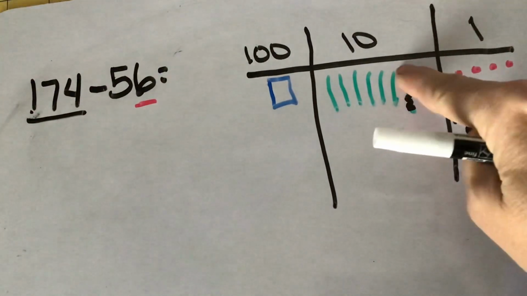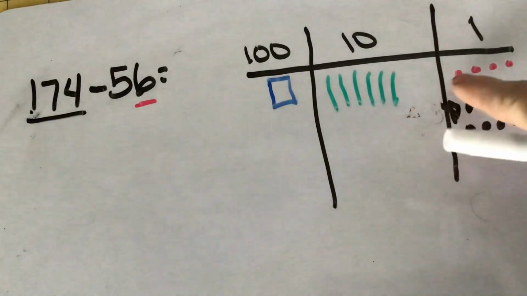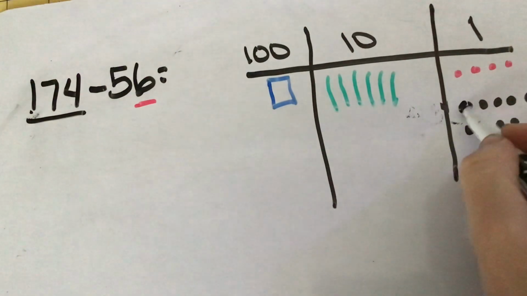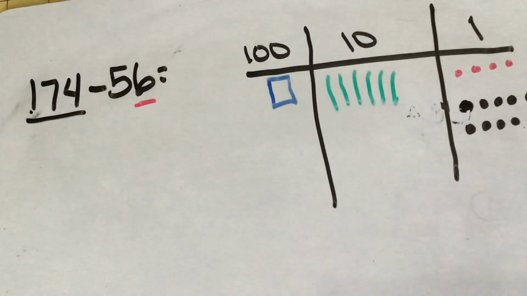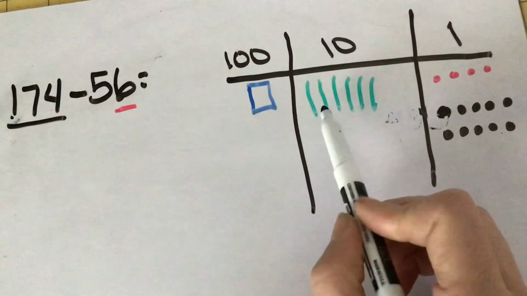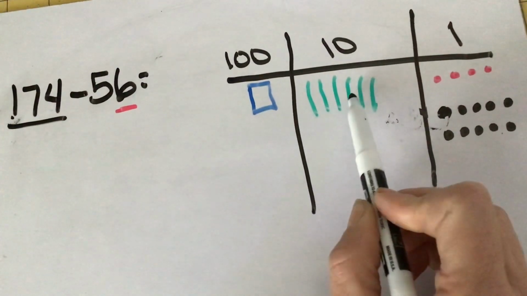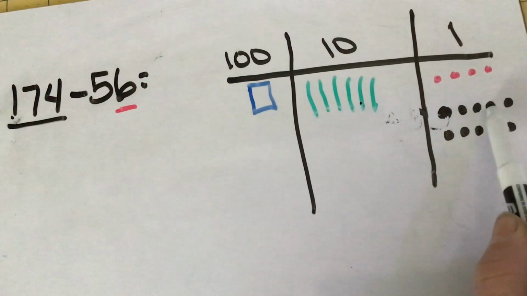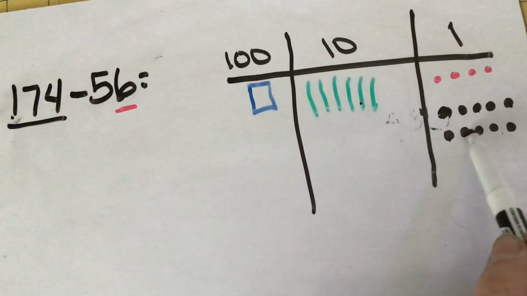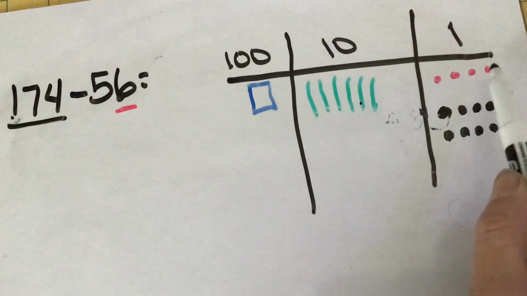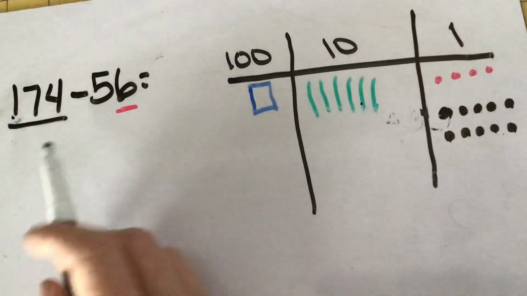So this 10 stick is no longer a 10 over here. We moved it over. We still have the number that is 174. I can check it by counting 100, 110, 20, 30, 40, 50, 60, 61, 62, 63, 64, 65, 66, 67, 68, 69, 70, 71, 72, 73, 74. It's still the same number.